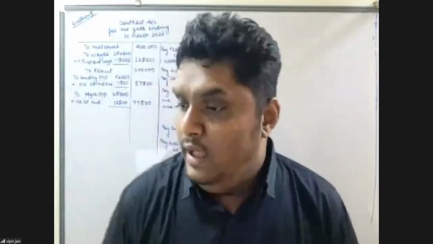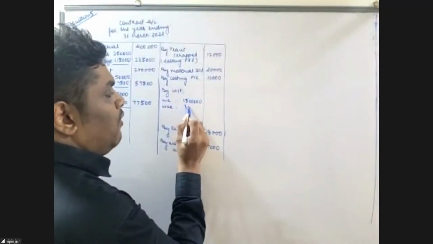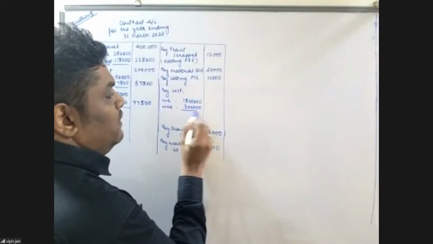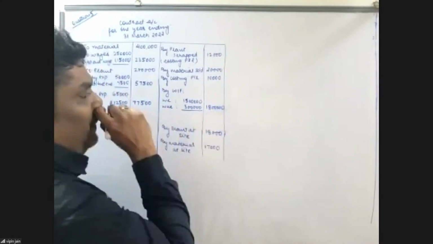Work certified is 15 lakh, and work uncertified is 20% of the work certified, and that is the cost only. So this will be 3 lakhs. Further, no other information is given in the question for the year ending 31st March 2022.